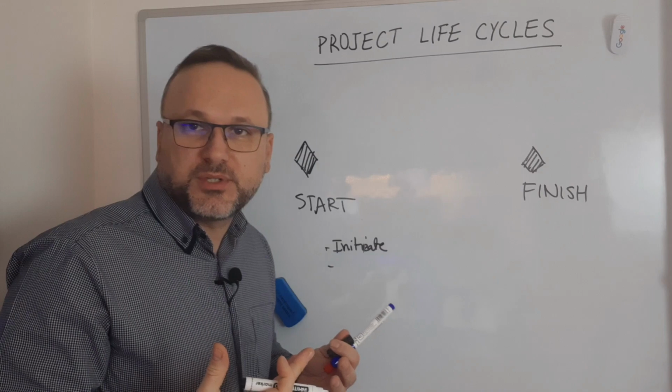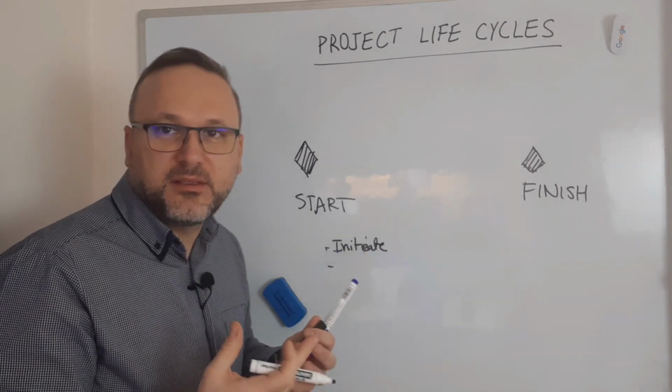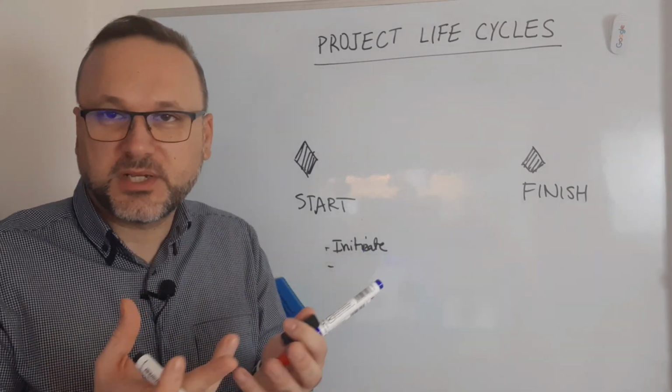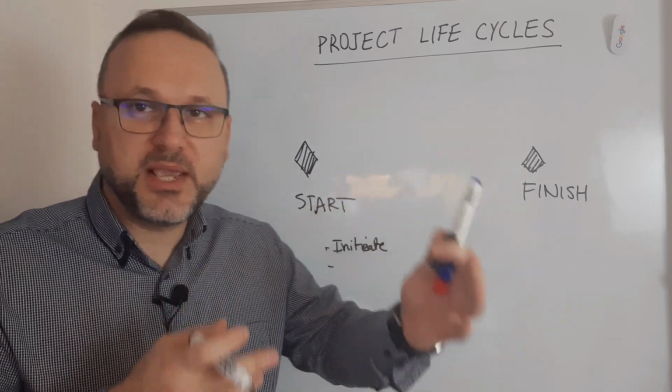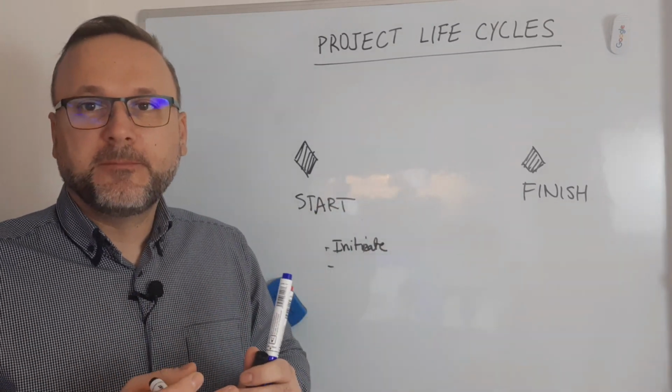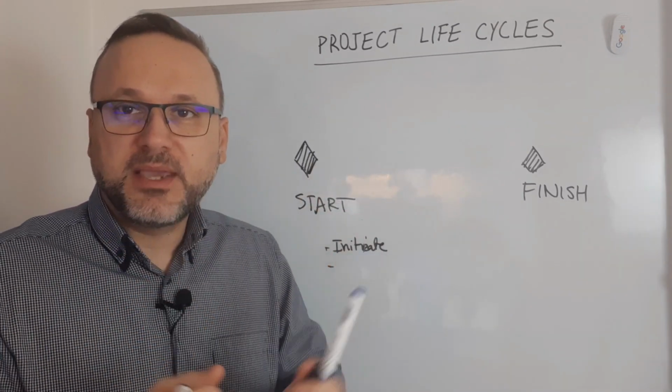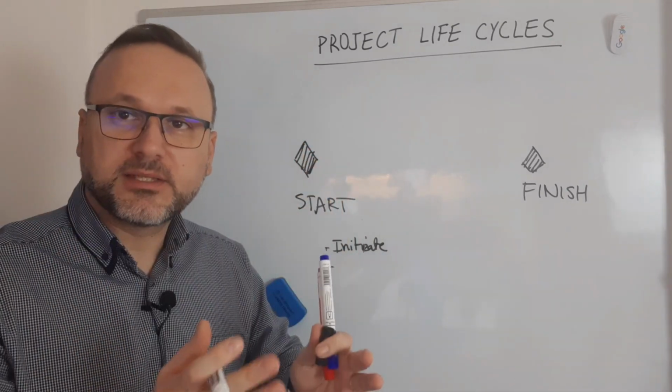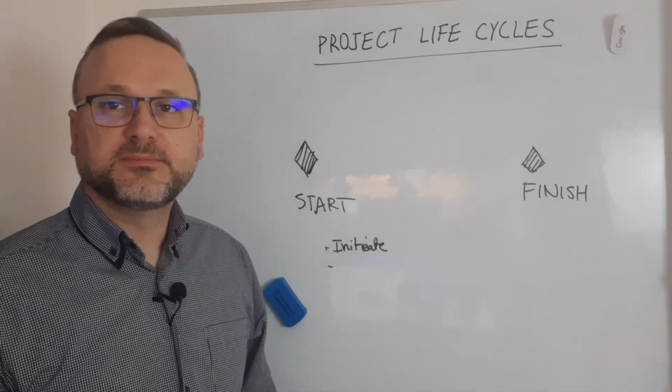Once you start the project, you complete the initiation of the project, the required documents, you nominate teams or whatever, or you start the main documents and you say, okay, let's kick off, let's start.